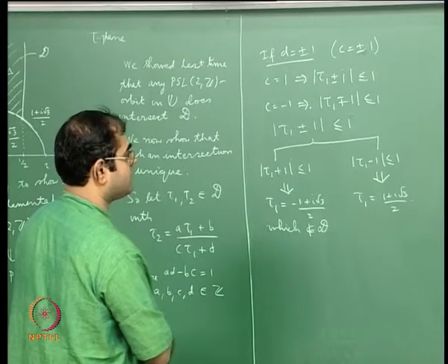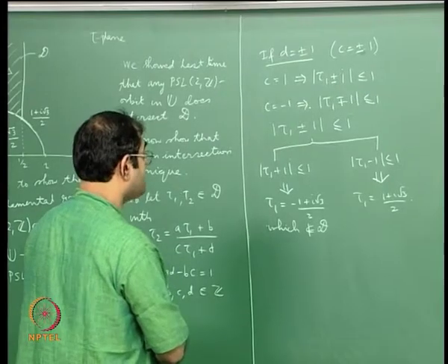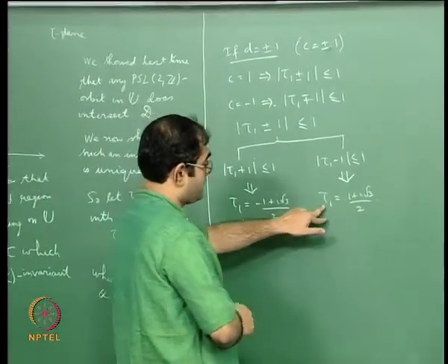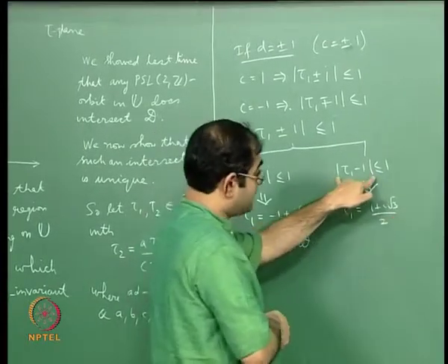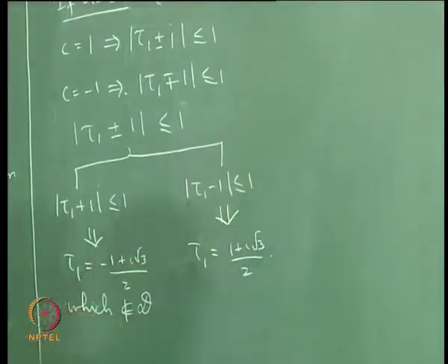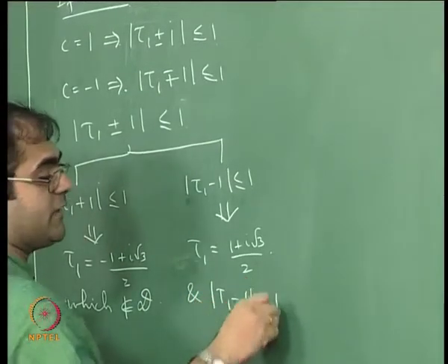If I look at the imaginary parts, in fact, if tau 1 is this, then this quantity is actually equal to 1. So this implies that mod tau 1 minus 1 is equal to 1.